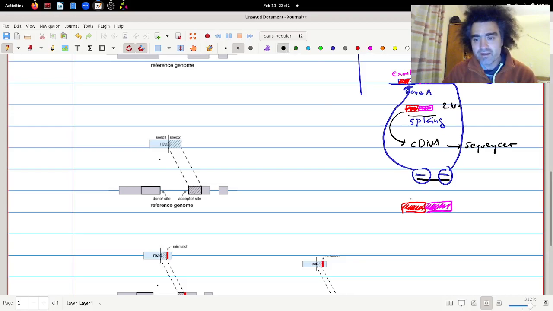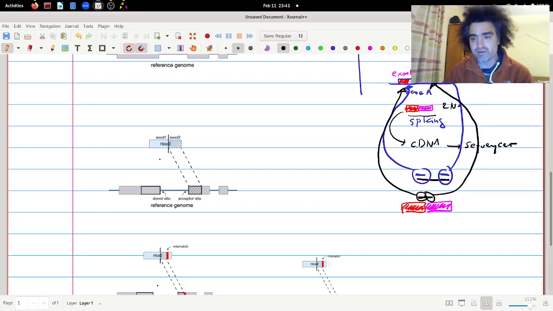And then we might have a fragment here, so we might have a read spanning these two exons. Now this is very tricky because this part of the read should go and be mapped here, and this part of the read should be mapped in a completely different location, quite far away from the left part of the read.